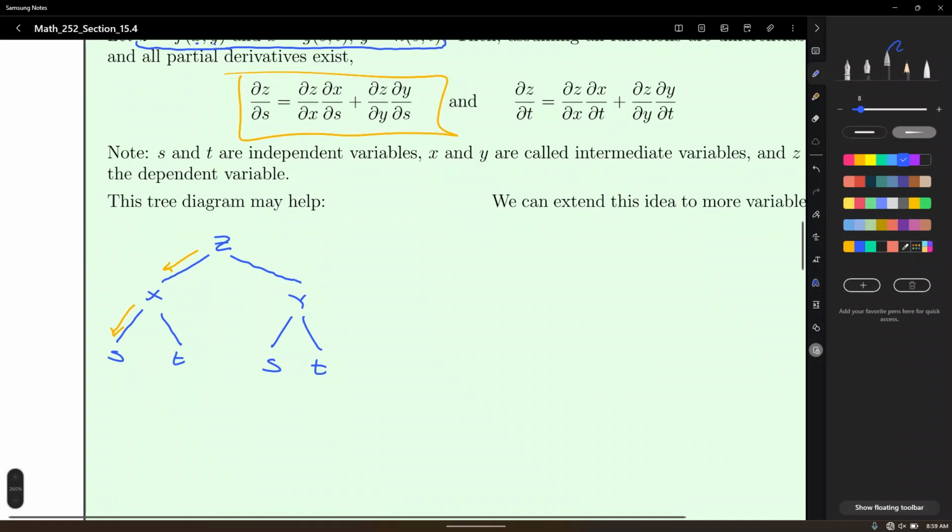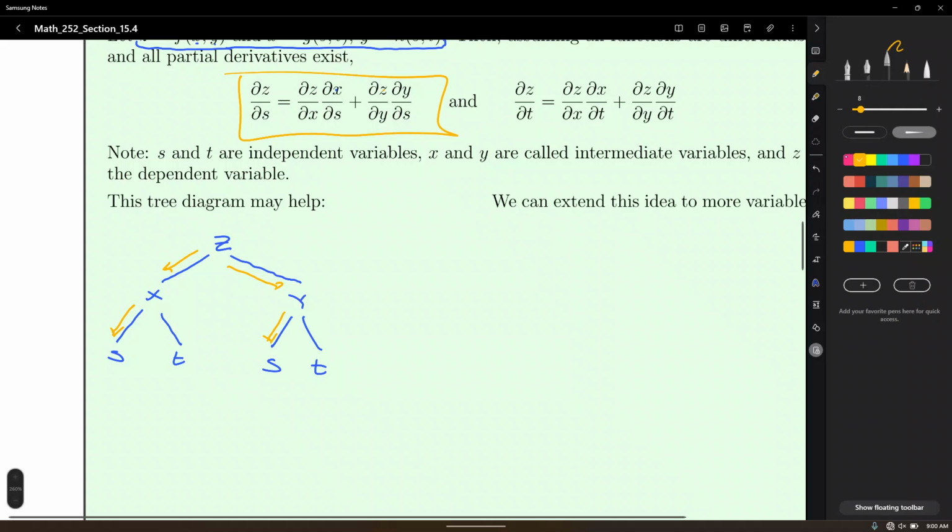That is the partial derivative of z with respect to x, and then the partial derivative of x with respect to s. What about the second term? That means we have to go from z to y, and then from y to s.